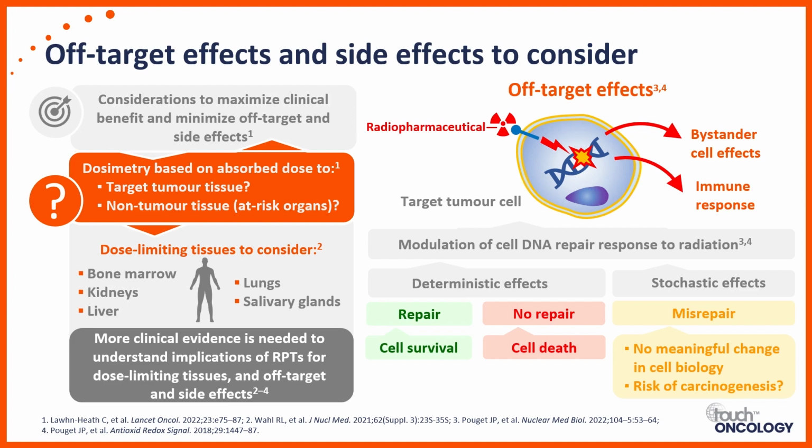Other tissues of interest would be those that express the receptor that we're actually targeting on the tumor. In some cases, there is some normal endogenous expression of the therapeutic target, and so we have to be mindful. In terms of normal tissue effects, if the DNA damage is repaired and there's sufficient cell survival, we generally don't see any effects below a certain absorbed dose threshold.